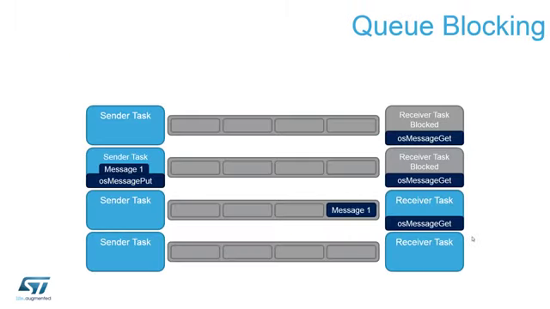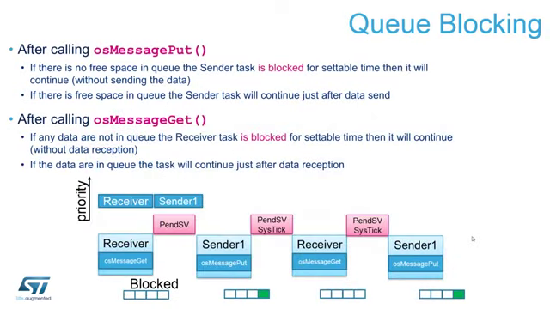The queue operations are typically blocking ones, especially if you put a timeout or you wait forever. When you operate with the queue, when you put data inside or you get the data out of the queue, these operations are blocking.